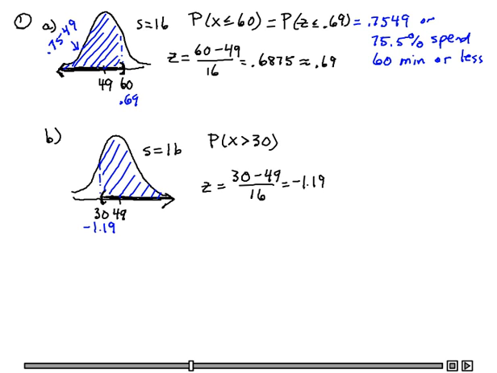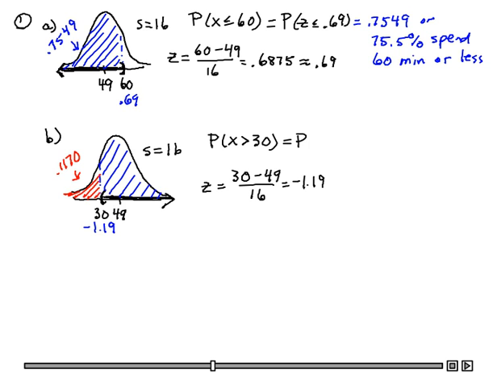But when I look that value up in the table, I'm going to go to the negatives and look up a negative 1.19. That's row negative 1.1 over to column 0.09. The table gives me a value for the area looking down. The table always works that way. It takes the z-score and looks down from that. So 0.117. That's not the area that I want. That's not the probability that I'm looking for.